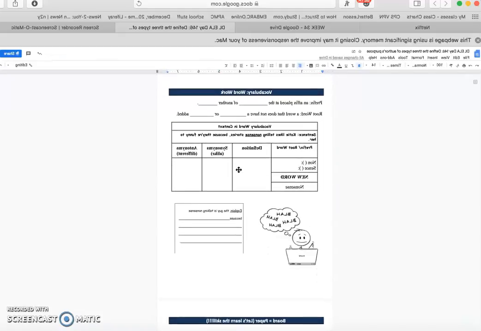Okay, so today we are doing word work on prefixes, and prefixes are an affix that is placed at the beginning of another word.